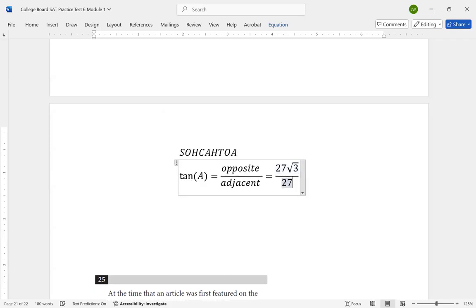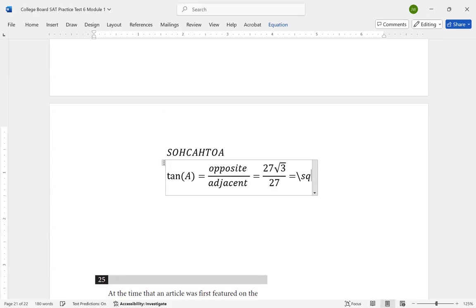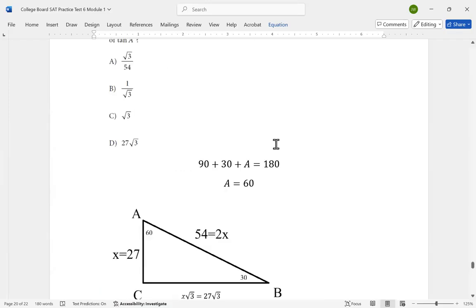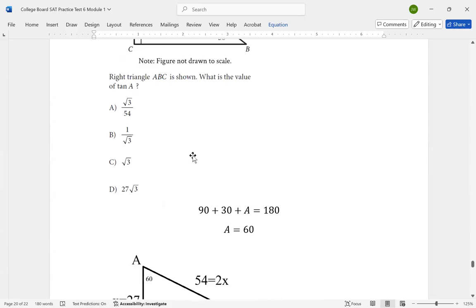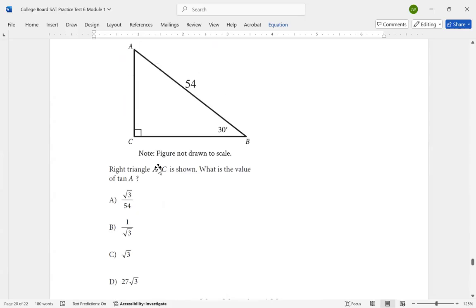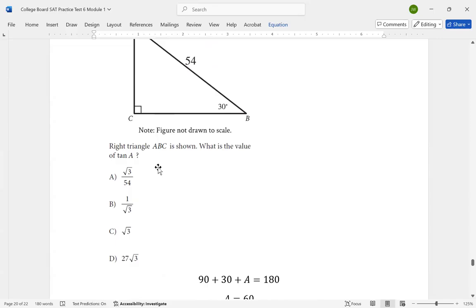And canceling out the 27s gives me the square root of 3. Therefore, the correct answer for problem 24 is option C, which is the square root of 3.